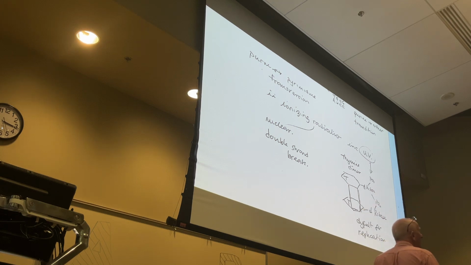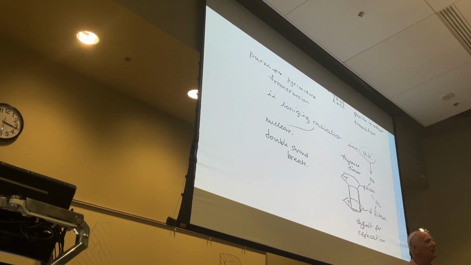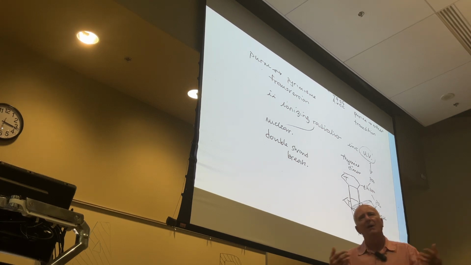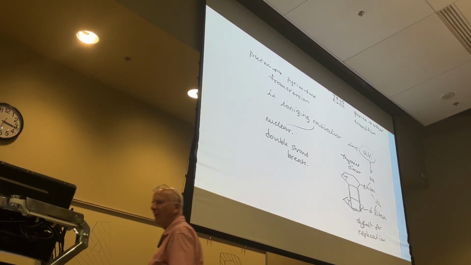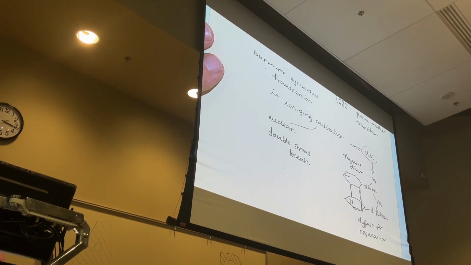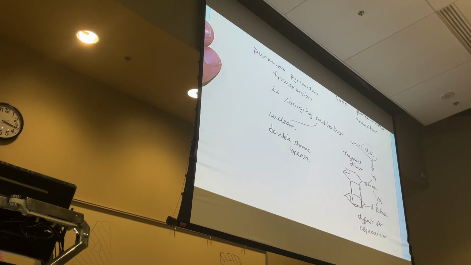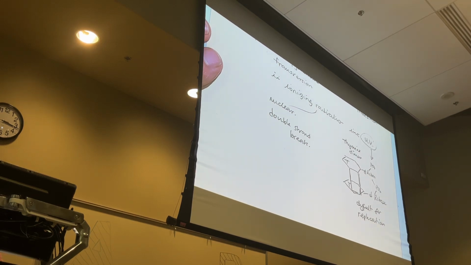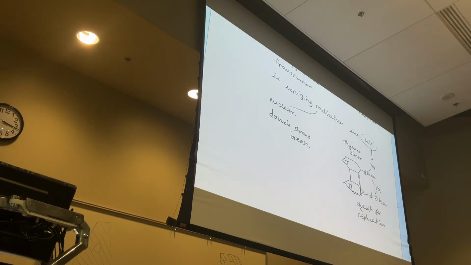The problem is that this process often leads to small insertions or deletions, which obviously have the problem of changing the reading frame. So double strand breaks get created, and how they get repaired determines whether it will be a mutation or not.